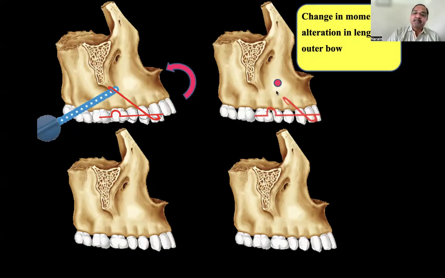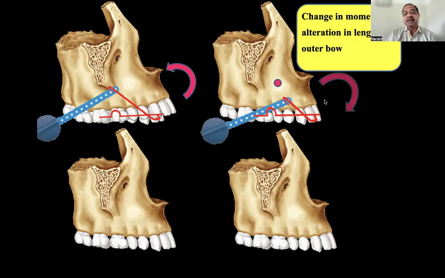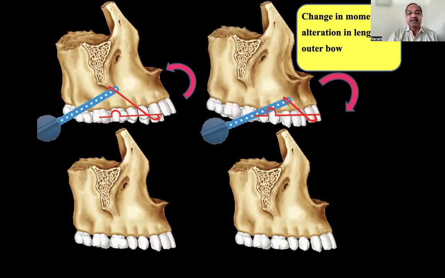Here, the length of the bow is made shorter, so it stands below and mesial to the center of resistance. So what are you going to get? You're going to get an anti-clockwise movement. So just by altering the length of the outer bow, by applying the force above the center of resistance and below the center of resistance, I can change the moment as anti-clockwise and clockwise movements.